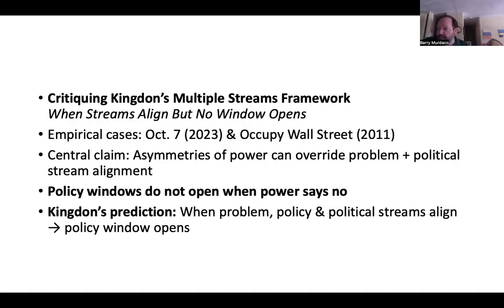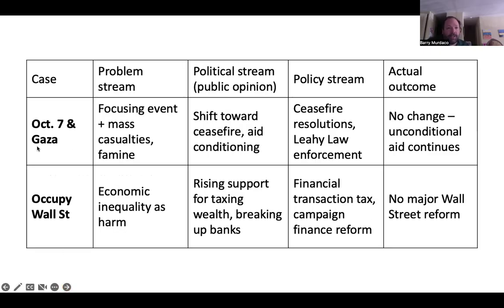Or the problem really is in the adoption of policies, even though viable policies exist, and the convergence of the problem stream and the political stream would seem to indicate that some sort of policy should be made, but it just isn't. So again, when problem, policy, and political streams align, policy windows open. Yet we don't see this happening here.